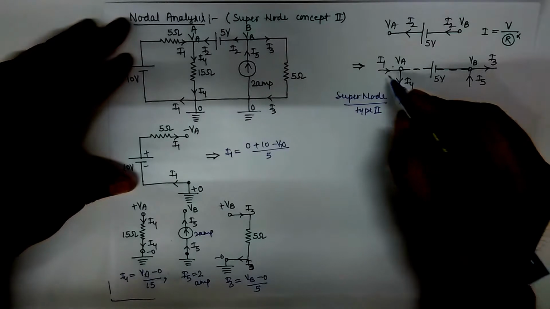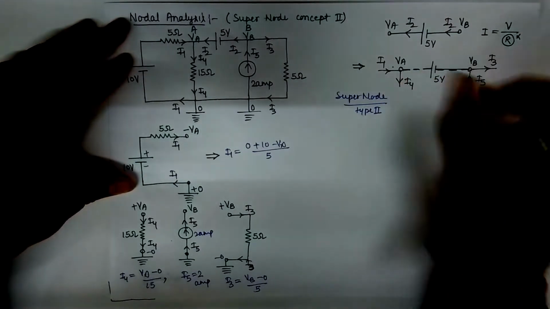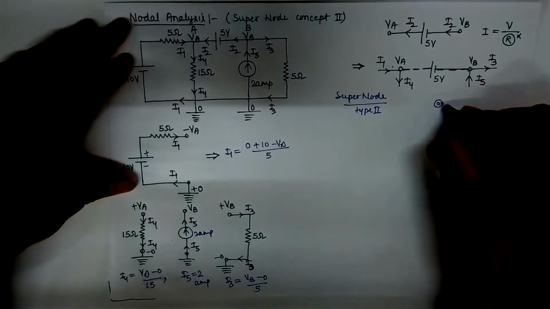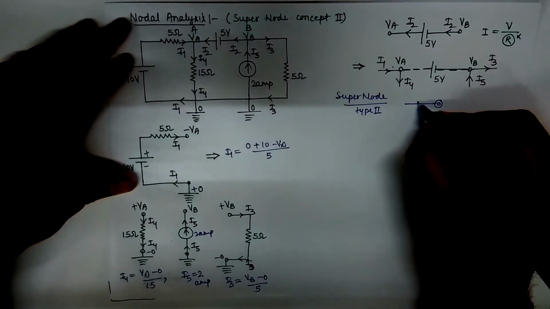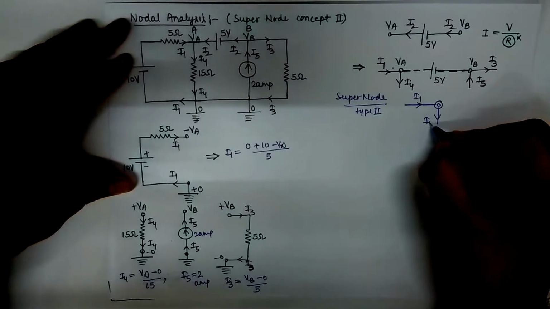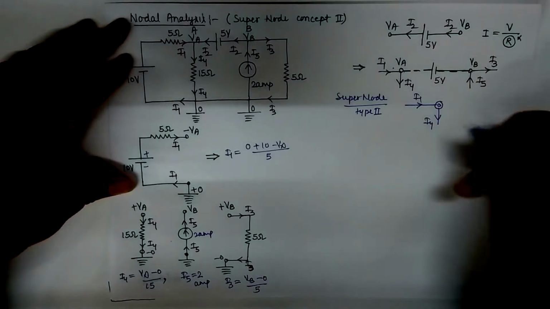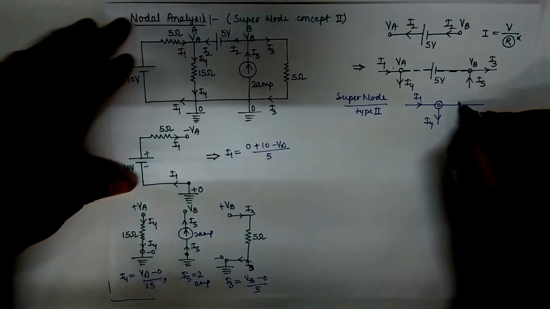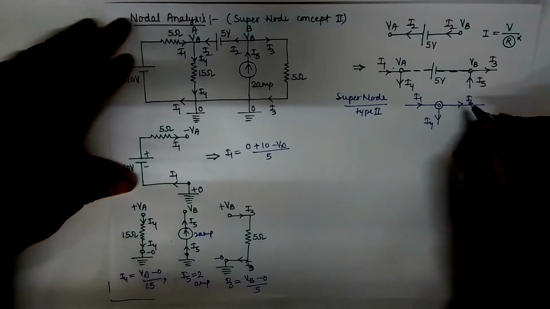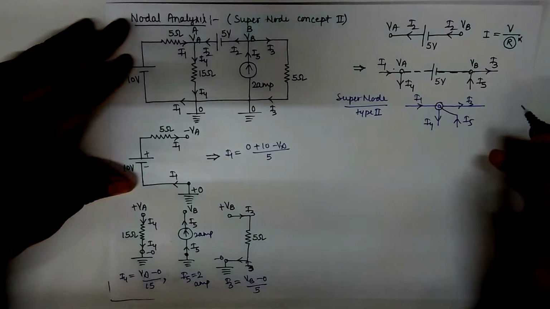We consider these both nodes as the same, superposed in these two. This is I1, this is I4, and this current I2 disappears. So this is I3 and this is I5.